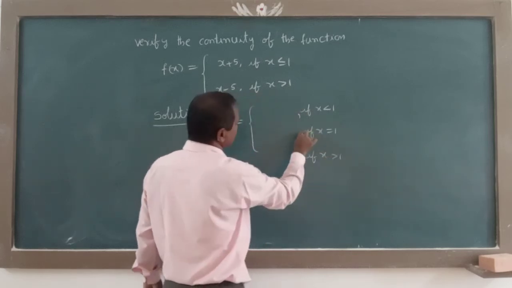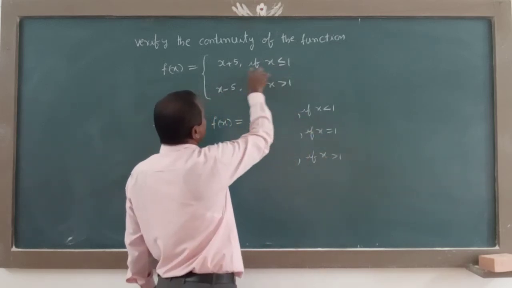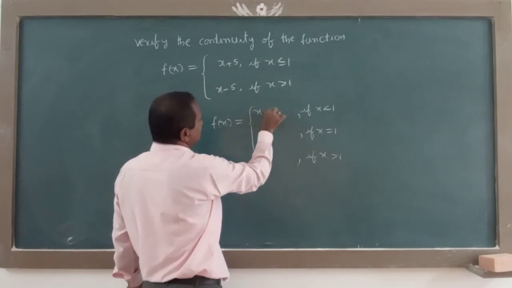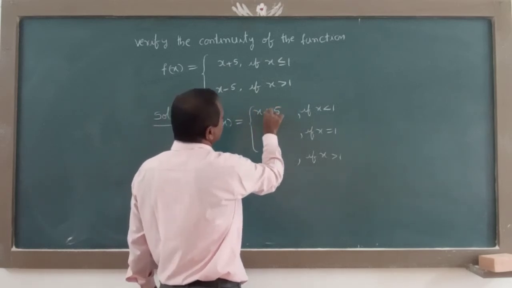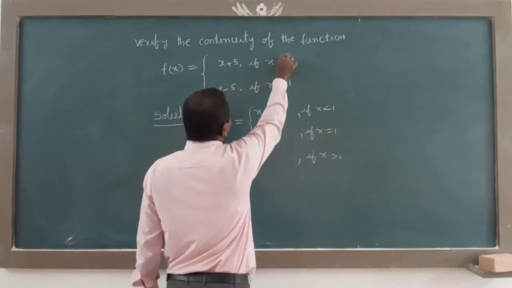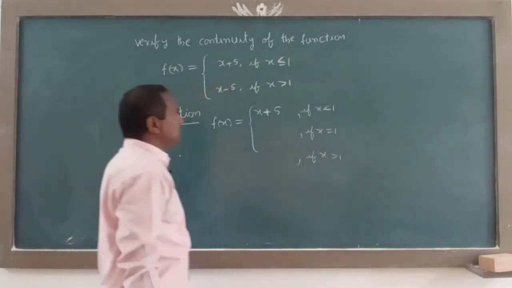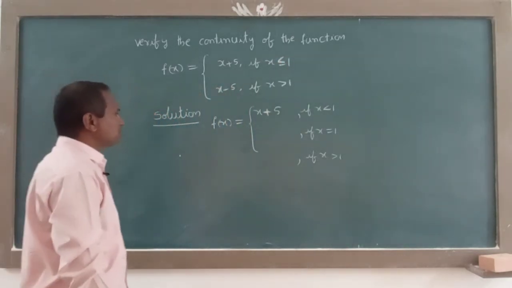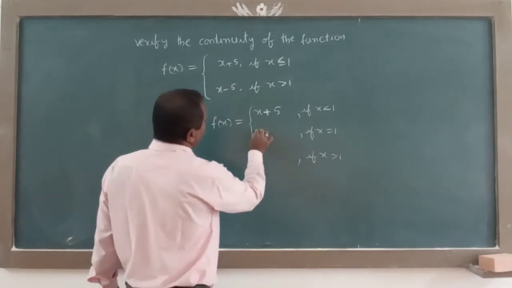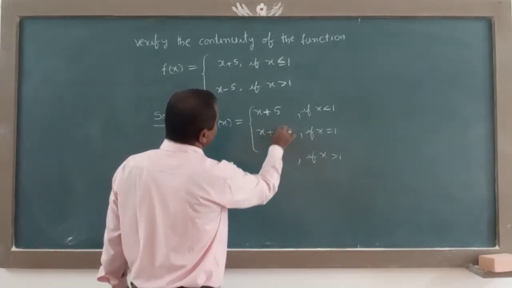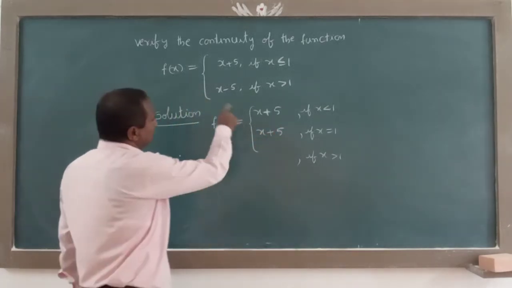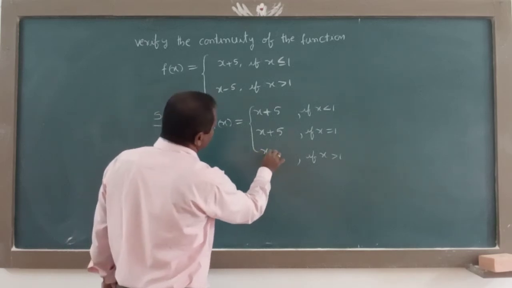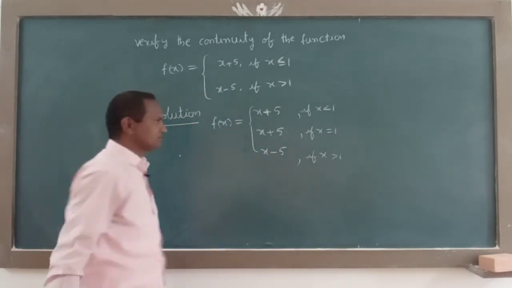For less than 1, x plus 5 is there. Equal to 1 is applicable to both symbols, less than and equal. Corresponding to the equal symbol, we have the function x plus 5 here. Corresponding to the greater than symbol, one function is there, that is x minus 5.